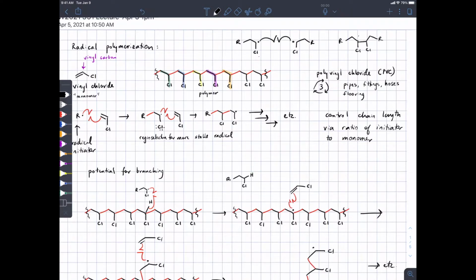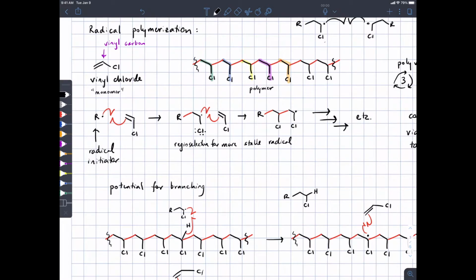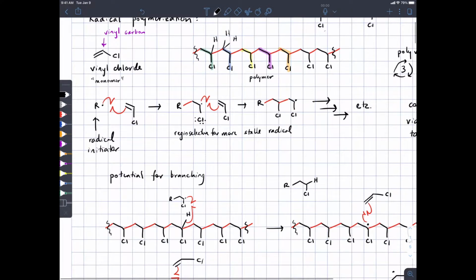Let's see, there's potential in all of these radical polymerization processes for branching. So if you look at that polyvinyl chloride chain, there's still a lot of carbon-hydrogen bonds that you could imagine doing radical chemistry with. There are two different kinds of carbons in the polymer.